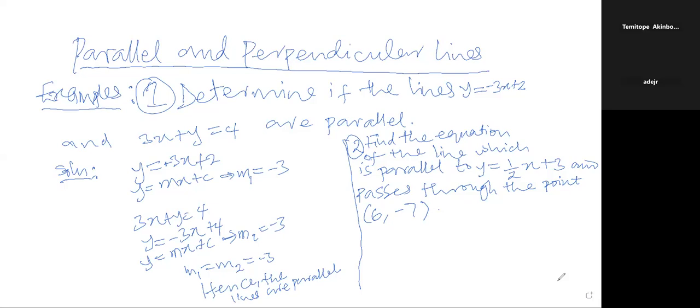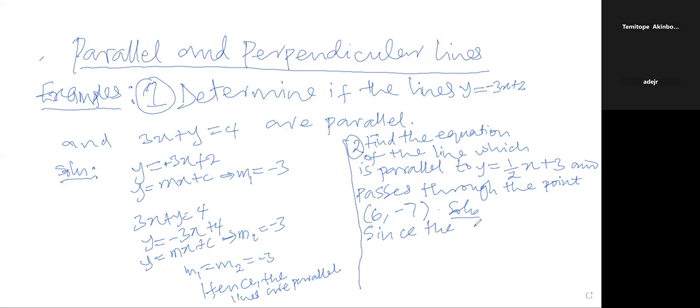So you will say that since the line is parallel to another line, this is our solution now.